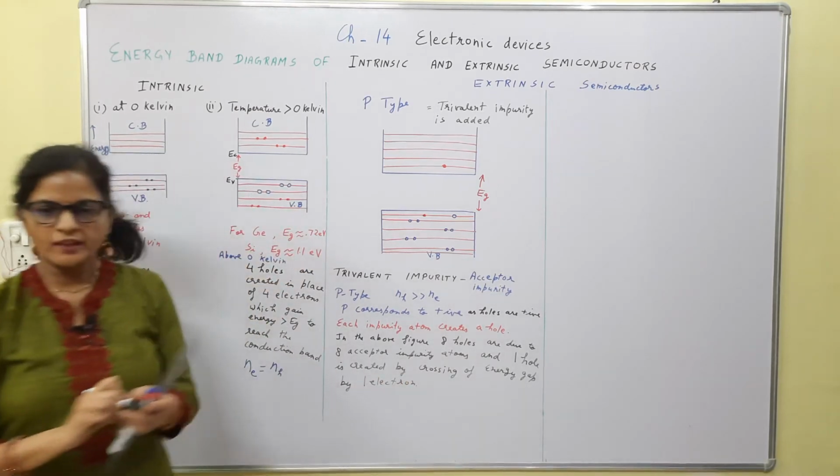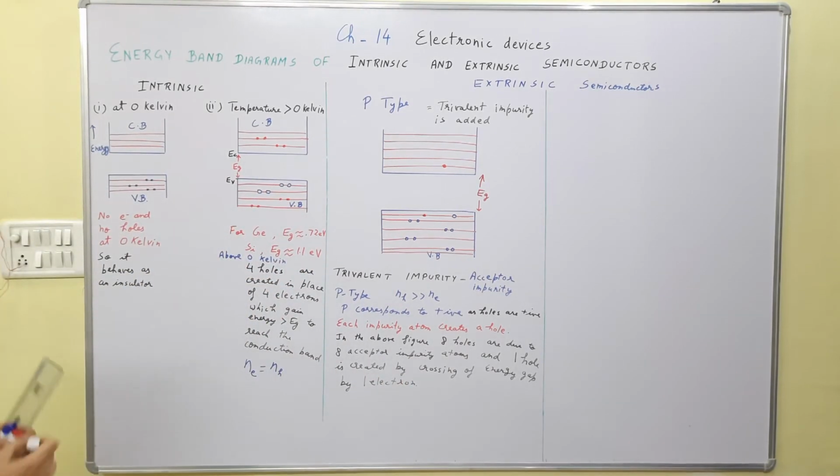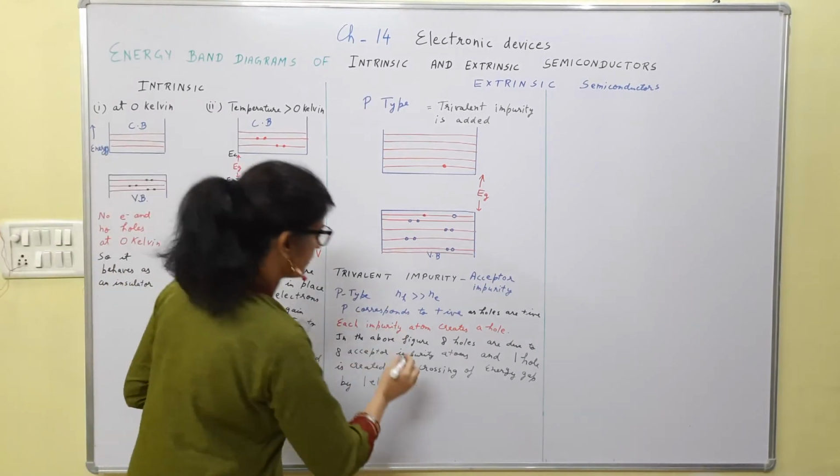So you can say that 1 electron hole pair is created by thermal agitation.